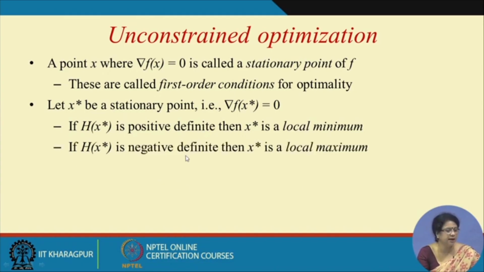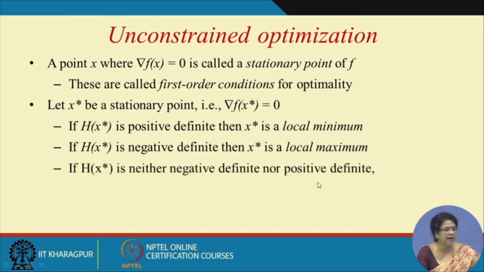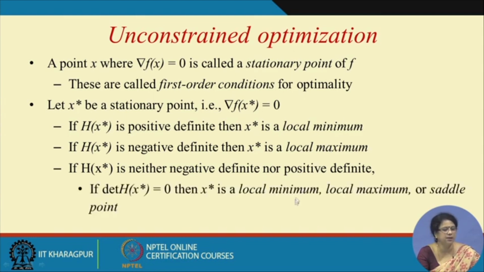If the Hessian matrix is negative definite, we say local maximum. If we see the principal minors are few positive, few negative, and there is no pattern to it, then we say at that point the function has neither maximum nor minimum.